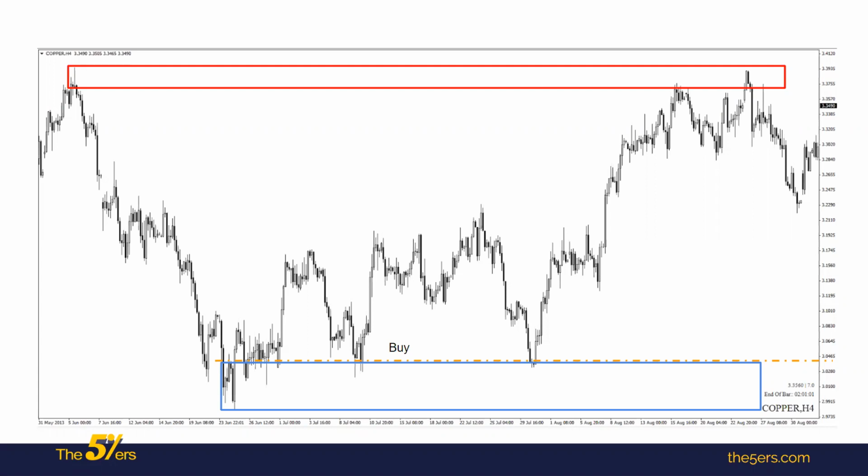I will sum it up in a few moments. But the best thing I like about this is that in terms of supply and demand, you would always attempt to buy when it's cheap, and you attempt to sell when it's expensive.